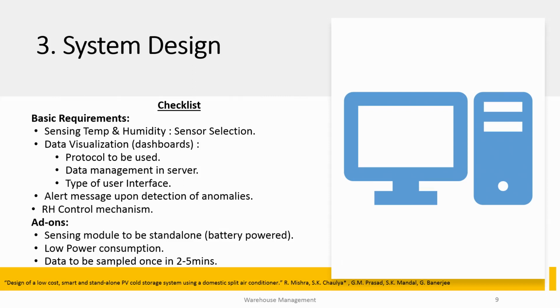These are decisions which they made based on a paper which they read, listed down below. You see again, design of a low cost smart and standalone PV cold storage system using a domestic split air conditioner. That is an article and they started looking it up before they did anything.